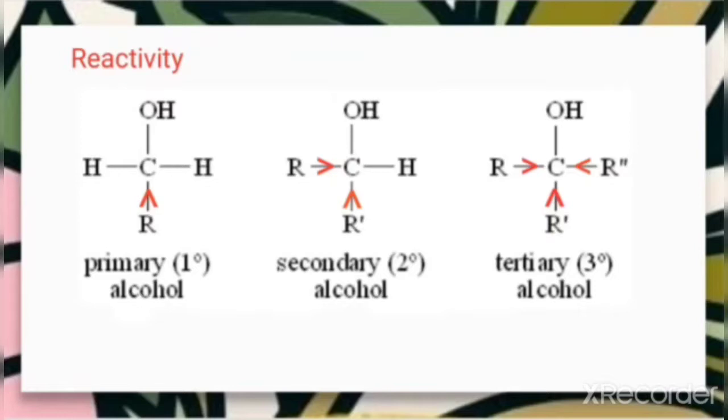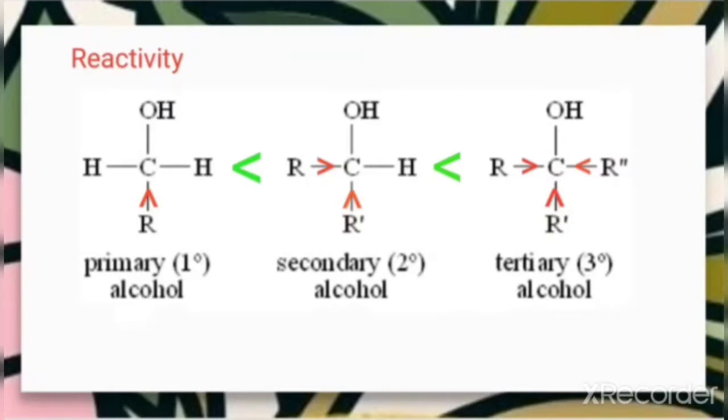Because of the greater number of R groups in the case of tertiary, this bond will be more polar, therefore the cleavage of this bond is easier compared to secondary and primary. So tertiary is more reactive than secondary, than primary. Primary alcohols are least reactive towards the reactions involving the cleavage of the C-O bond.